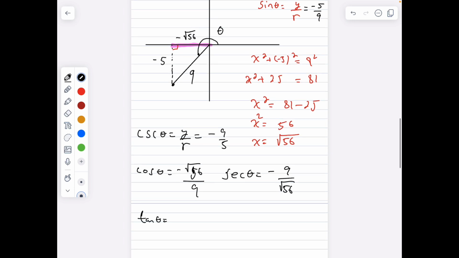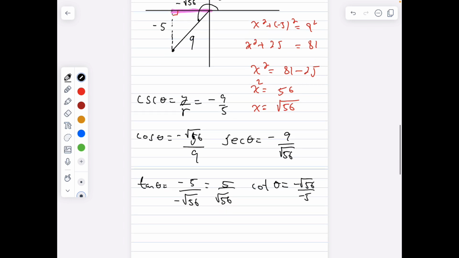So that would be negative 5 over negative square root of 56, which becomes 5 over root 56. And finally, cotangent is equal to x over y. So this would be minus root 56 over minus 5, or if you prefer, root 56 over 5. It's equivalent, and it's just the reciprocal of tangent.